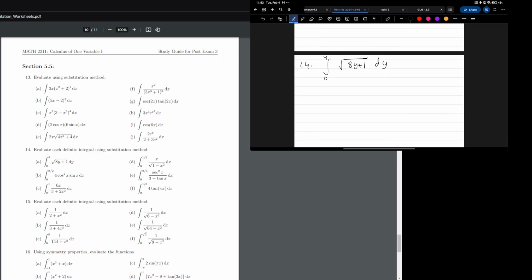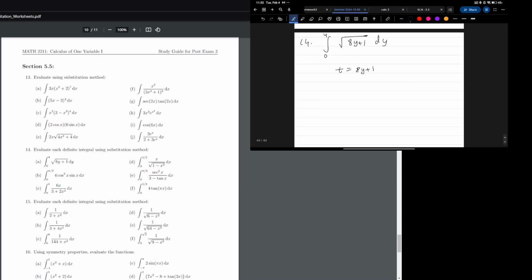Now, if anyone can tell me what I take as my variable for substitution, if anyone could just tell me. 8y plus 1. Perfect, 8y plus 1. Let's take t equals 8y plus 1. And if I differentiate that, I get dt equals 8 dy, right?